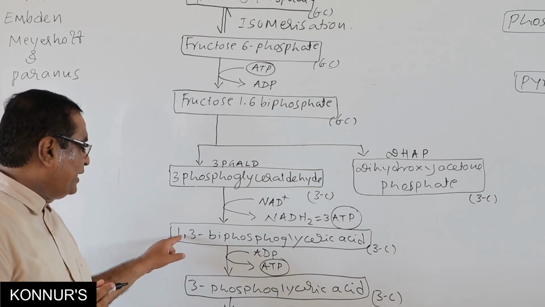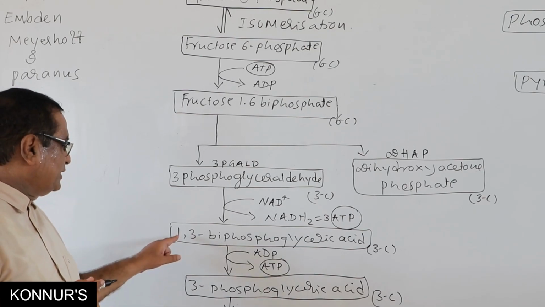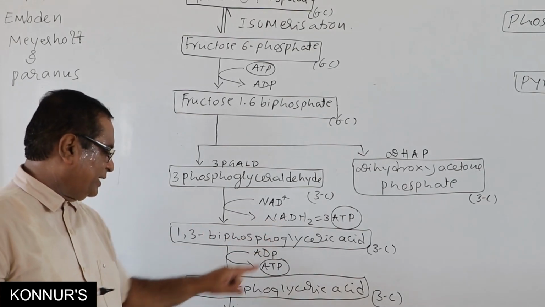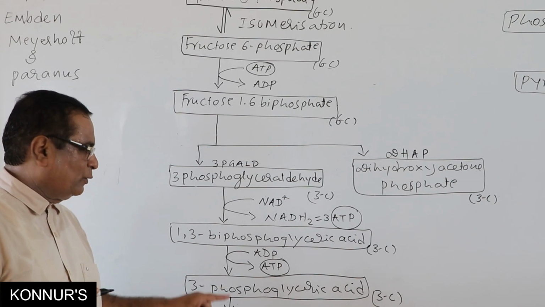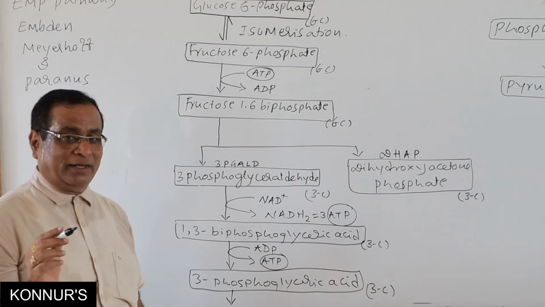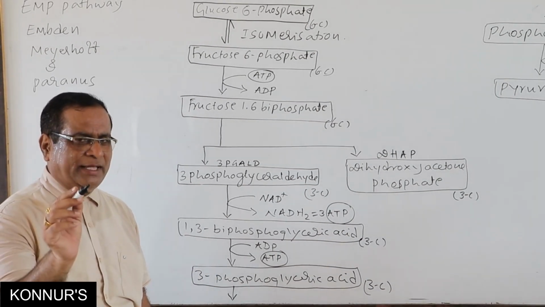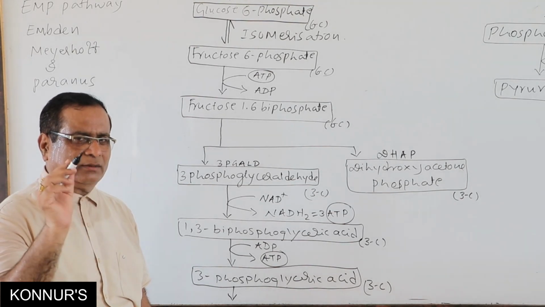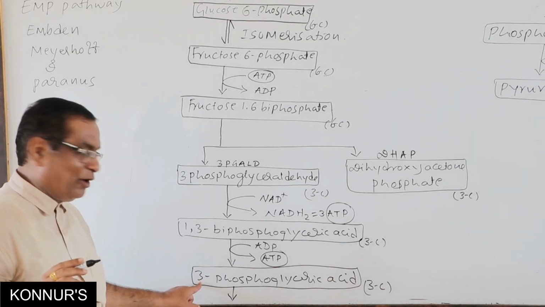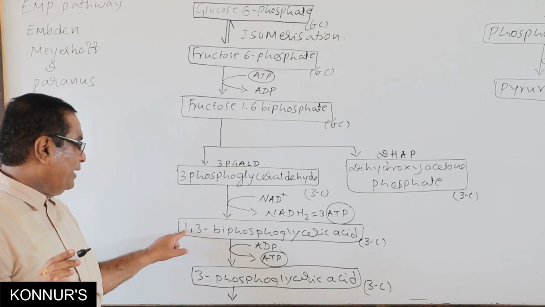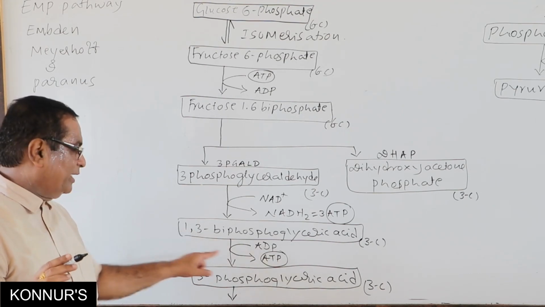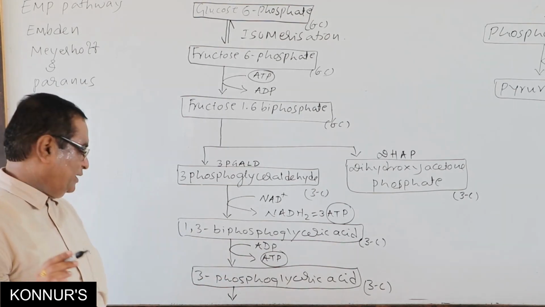As it gives one phosphate, this 1,3-biphosphoglyceric acid becomes 3-phosphoglyceric acid. Remember, just one phosphate is there, on the last carbon. And the phosphate present on the first carbon is released in the form of ATP.